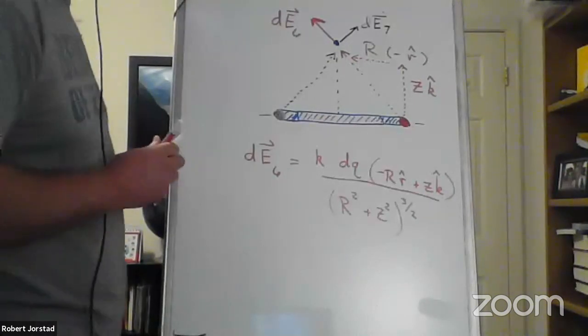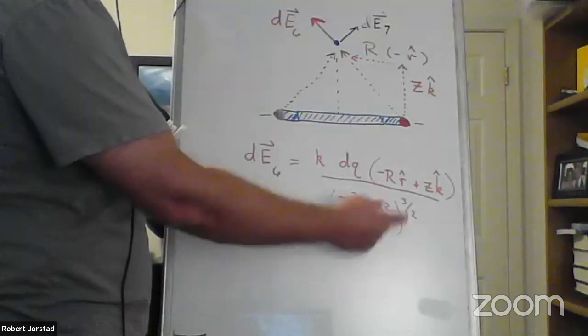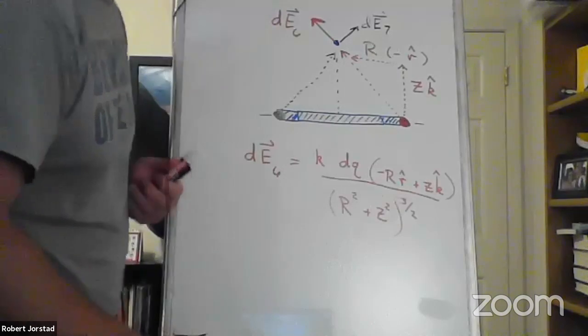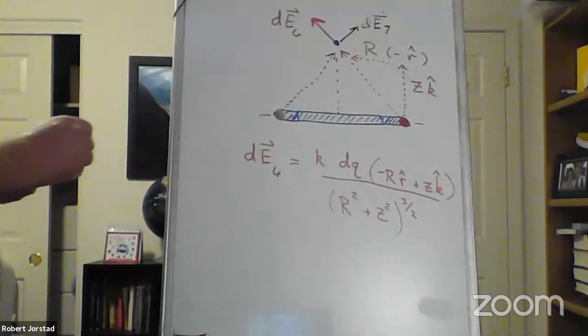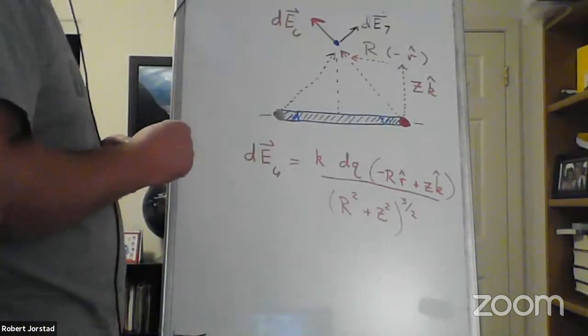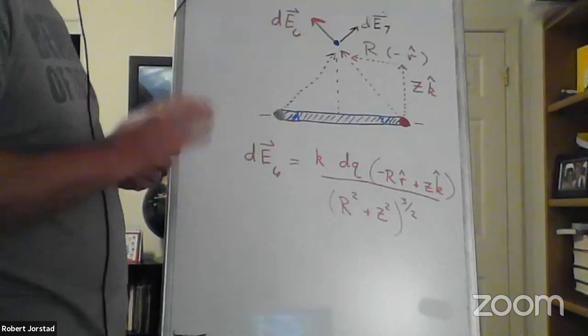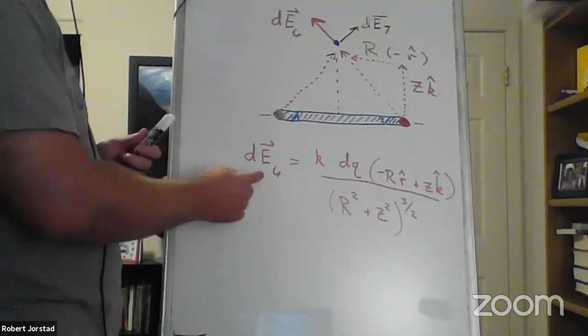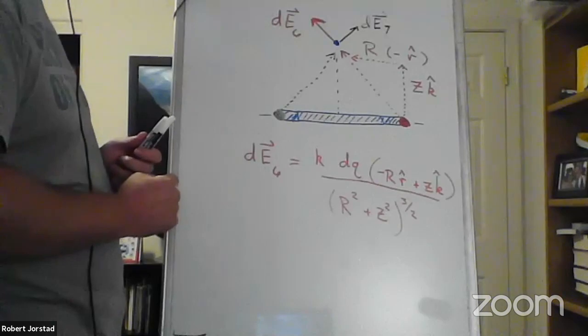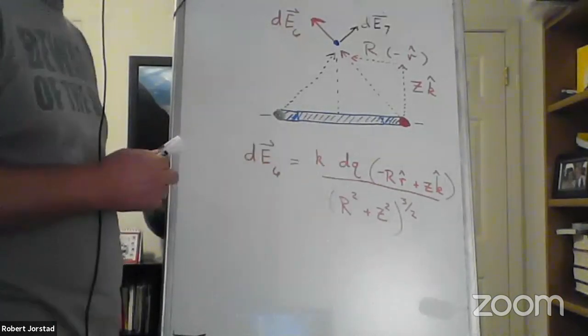Right? And again, it's because it's square root of that, and then you have to cube it. So apologies if I'm going too fast. You've got the solutions, but yeah. Now, this is not the electric field. This is one little term. Okay. Also, we haven't figured out dq yet.